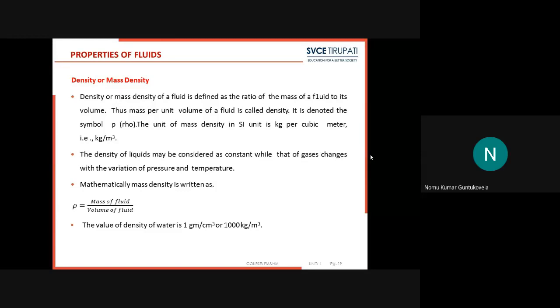Right now we are talking about the moving position. That means the fluid should move from the rest position to a moving position, from zero to some velocity. That means we need to apply a little pressure. The body is in the rest position, and afterwards we apply some pressure, then only the body will move from zero to some extent.